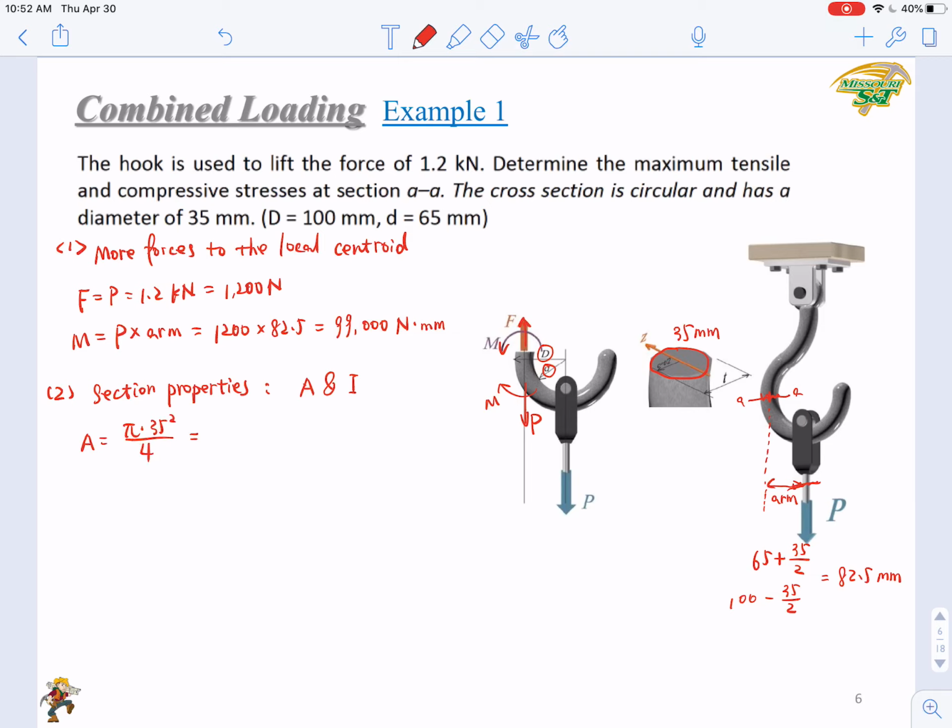Right, the 35 is the diameter of the cross section. And here you get 962 square millimeter.